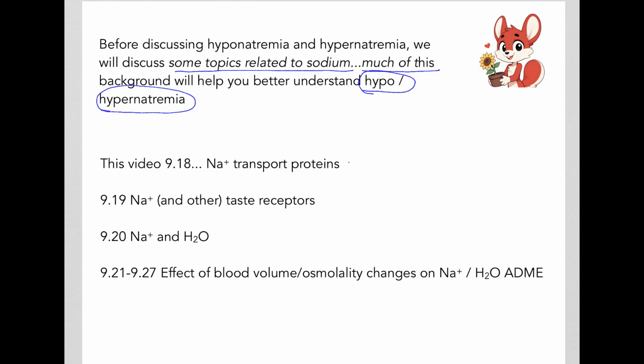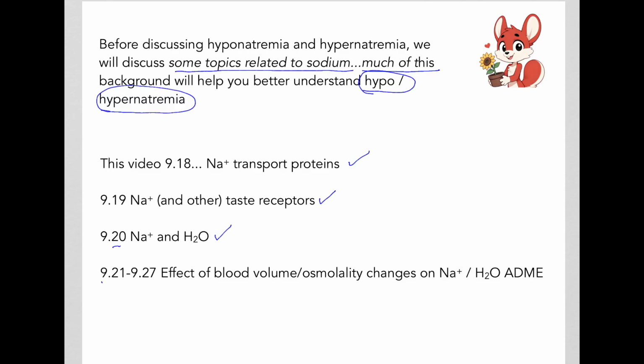So in this video, we'll look at sodium transport proteins. In the next video, we'll look at sodium as well as other taste receptors. In video 9.20, we'll look at sodium and its association with water.